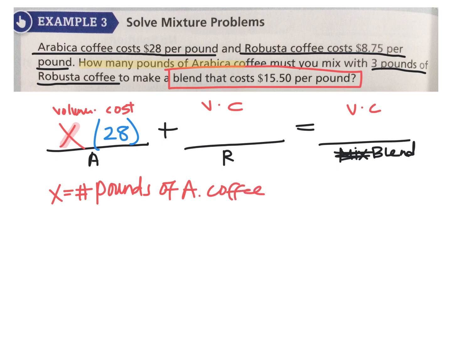For the Robusta coffee, they actually tell me how many pounds: 3 pounds of Robusta coffee, and the cost of Robusta coffee is $8.75. For the final amount, they know that the blend they want costs $15.50, but they don't tell me how much of the blend. They just know they want that to be the cost in the end.